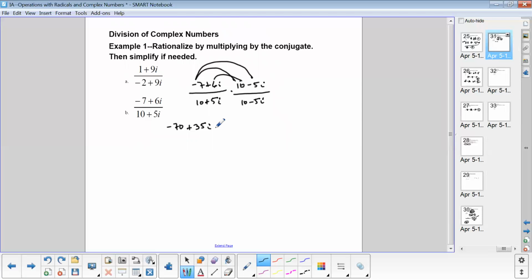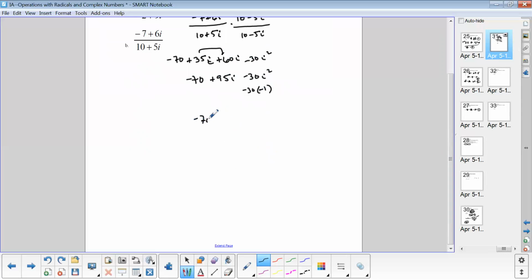That'll be a 35i, and then that'll be 60i, and then -30i squared. So I get -70 plus 95i minus 30i squared. Well, i squared we know is -1, so that'd be 30 times -1. So I'm going to have -70 plus 30 plus 95i. So this will be -40 plus 95i.